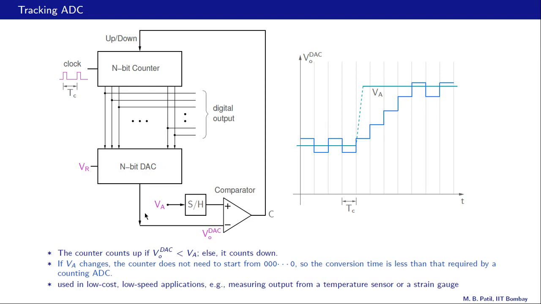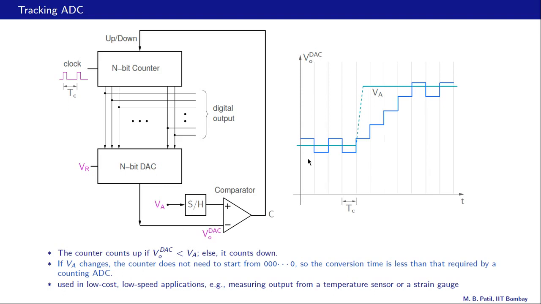So in this manner, VO DAC tries to catch up with the input analog voltage. In the other case, when VA is less than VO DAC, the comparator output is 0, and that makes the counter count down. That means the count decreases with time, and therefore the output of the DAC, VO DAC, will also decrease with time. So once again we see that VO DAC is trying to catch up with VA.